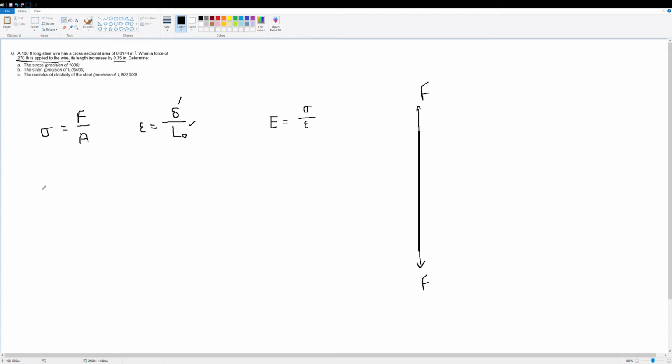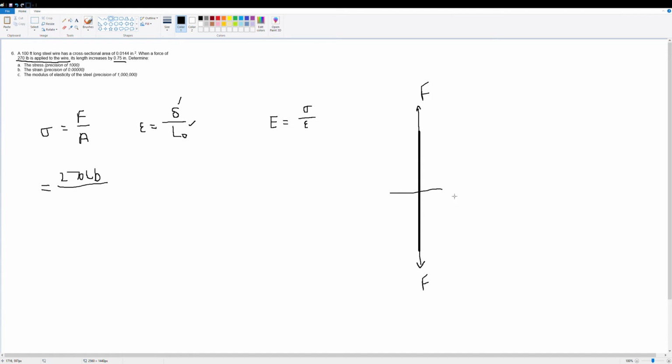Okay, so stress is equal to 270 pounds divided by, and here they were nice enough to give us the cross-sectional area. Cross-sectional area, so again, if you were to slice this rod and look at it straight on, you would see a circle.